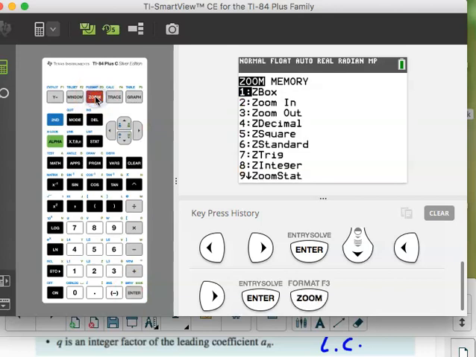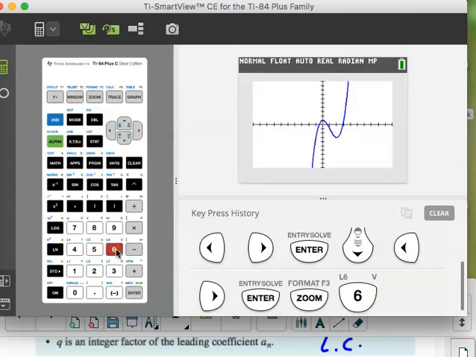So now if I hit zoom 6, what I'm looking for is where does this graph cross the x-axis? And it's 3 pretty obvious spots. But we just tried the two probable rational ones, and they didn't work. So let's take a peek and see what these are.